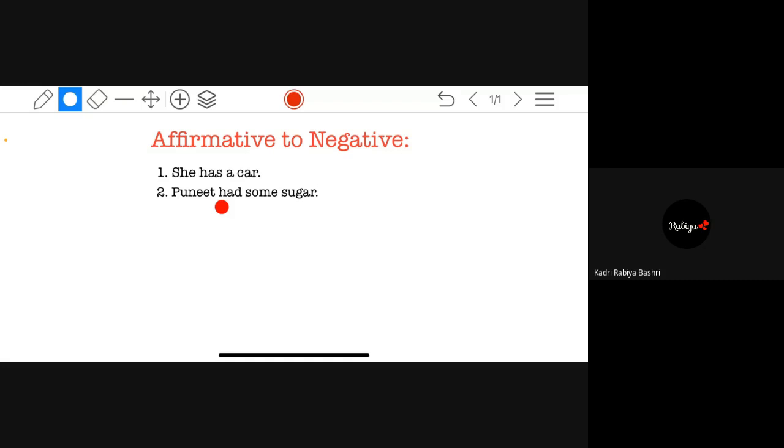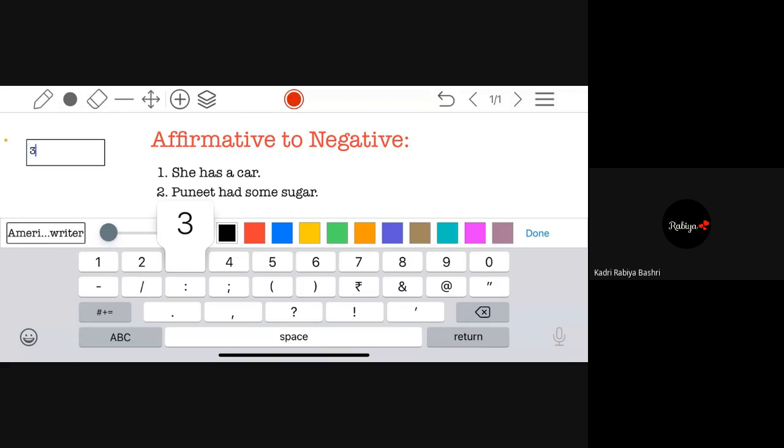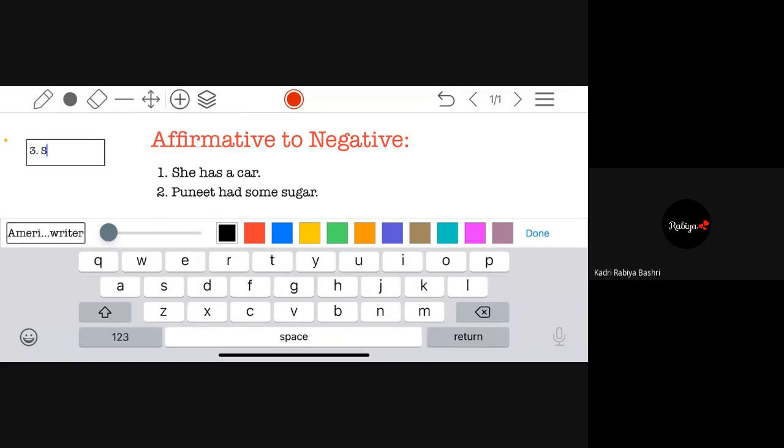They are used then to make a negative sentence. Nobody or none is also used. See, for example, I'll tell you. This is what I'm teaching you. What I'm teaching you right now will be useful in your higher classes, also in 8th and ninth.